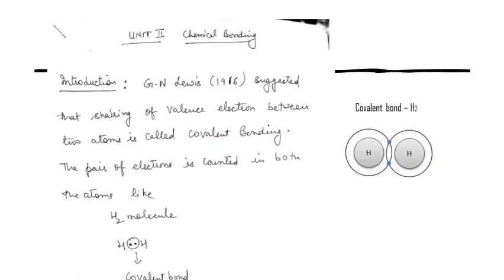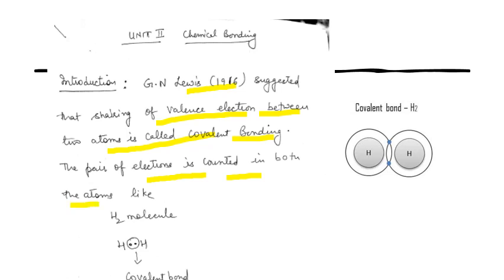Lewis in 1916 suggested that the sharing of the valence electron between two atoms forms the covalent bond, and the pair of electrons is counted in both the atoms.